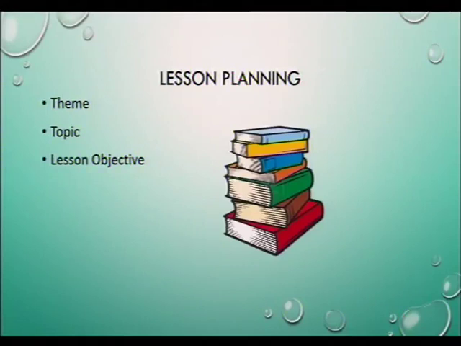All these verbs that I'm using should be measurable verbs. I cannot say learners should be able to understand, because I cannot measure understand. But if I say learners should be able to name, explain, or describe something, that is what I want to achieve at the end of my lesson. That is my lesson objective. Learners should be able to do something, like I said, measurable verbs.